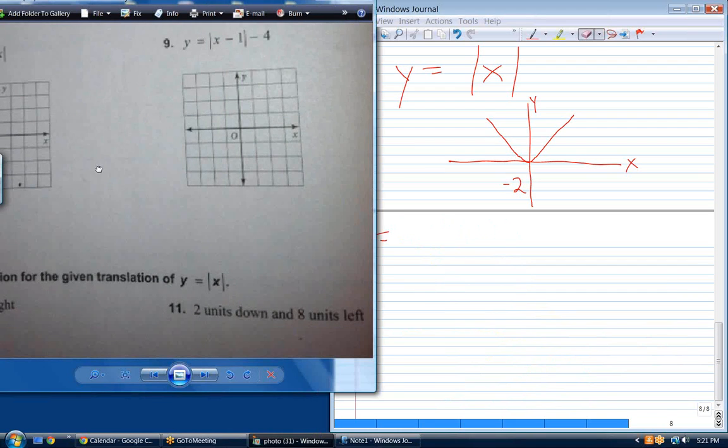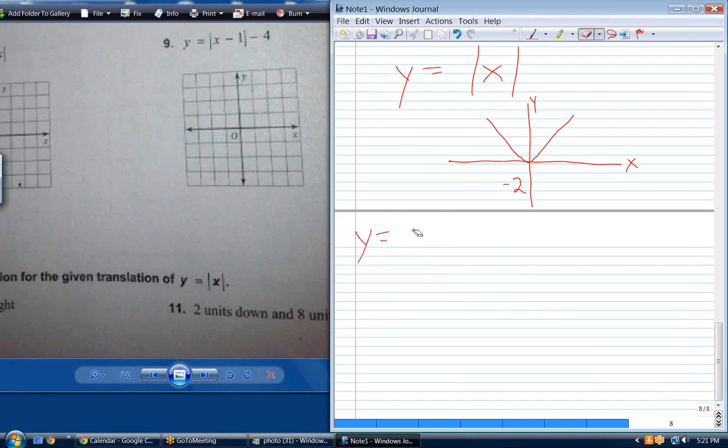Let's look at this one. We got two things going on here. What are they? Tell me in terms of translations what's going on. It vertically shifts down 4.